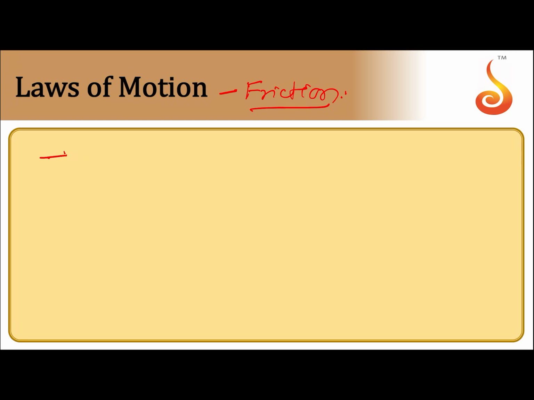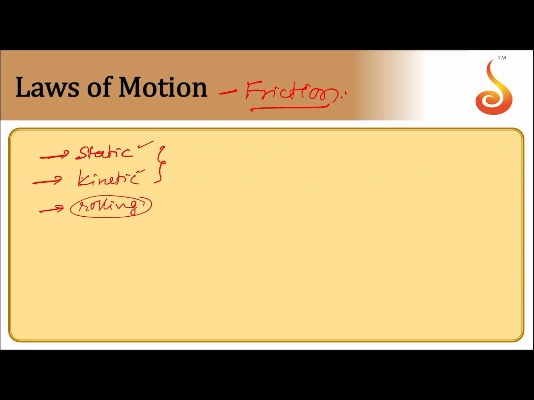And we know that this friction can be understood in terms of static friction, kinetic friction, and also rolling friction, whose origin is slightly different from those of static and kinetic friction. If the object is at rest and the force of friction comes into play, it is static friction. If the object is moving and the force of friction comes into picture, it is kinetic friction.